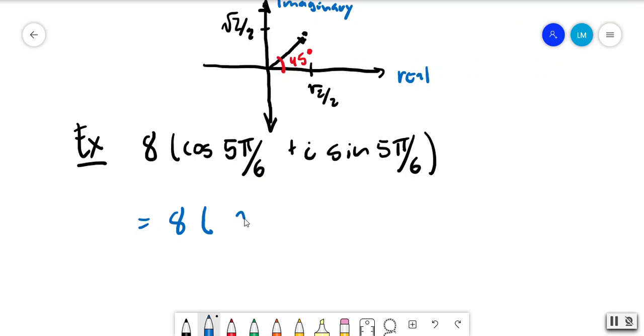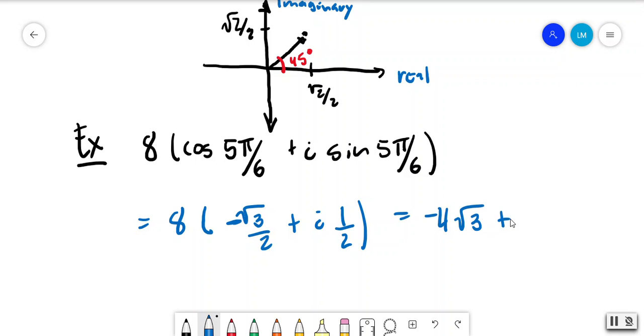So that would be root 3 over 2, but negative. And then plus i, and that'll be 1/2. Multiplying through, you get negative 4 root 3 plus 4, and then you just pop an i. So from there, you see the complex number is as follows.